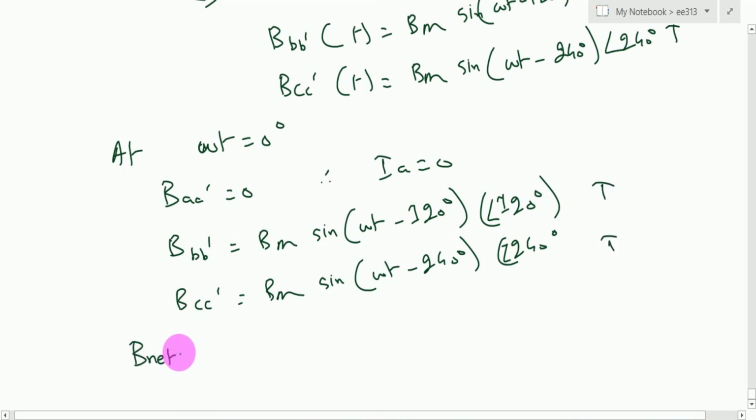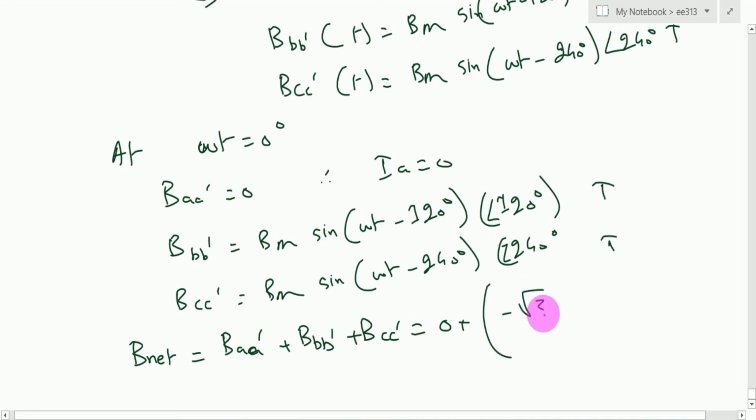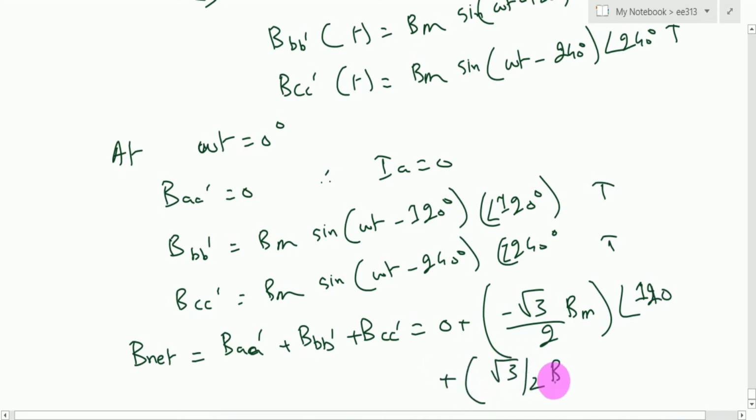So the net flux density within that stator winding is equal to the sum of BAA dash plus BBB dash plus BCC dash, and that is equal to 0 plus, we can write this as root 3 by 2 Bm at an angle of 120 degree plus root 3 by 2 Bm at an angle of 240 degree.